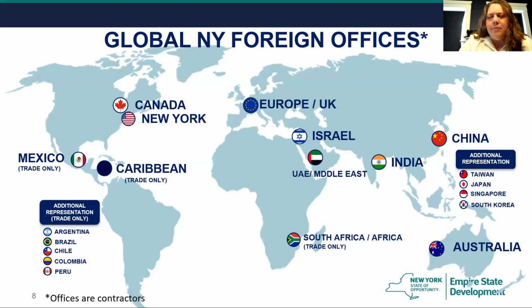New to us, relatively new to us, is the Caribbean and India, Australia, and we have newer partners in both Canada and Mexico, as well as Europe. So we have long-standing relationship in Israel, new coverage in UAE and Middle East, and fairly long-term coverage in Africa.